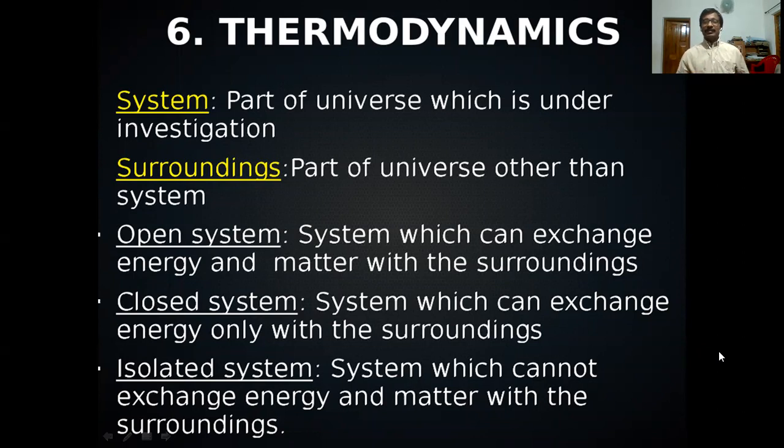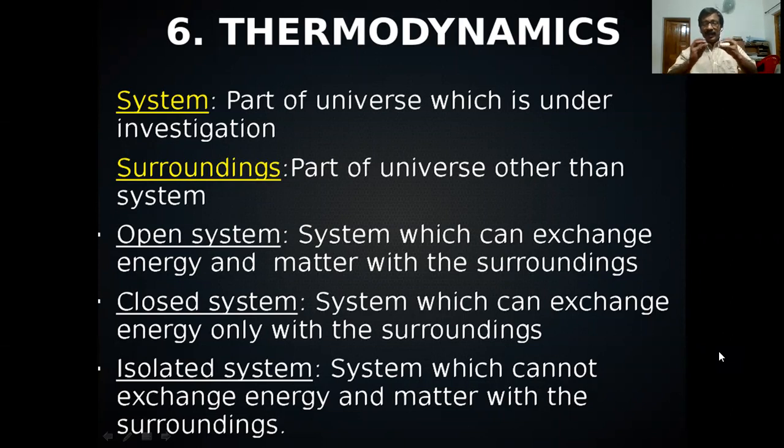So what is a system? System can be defined as the part of universe which is under investigation. For example, if we are conducting an experiment in a test tube, we will take reagents inside that test tube.